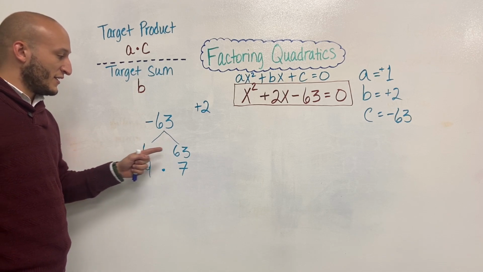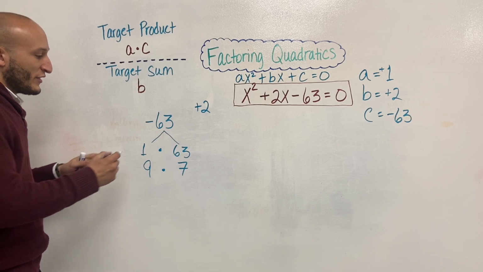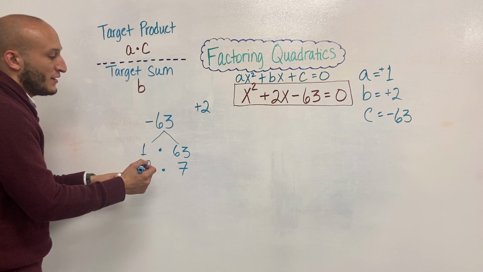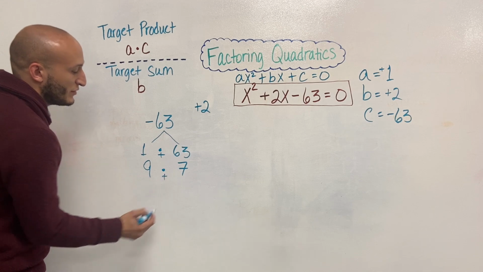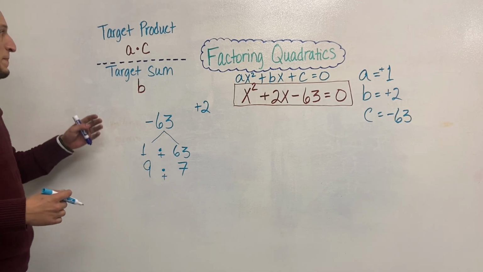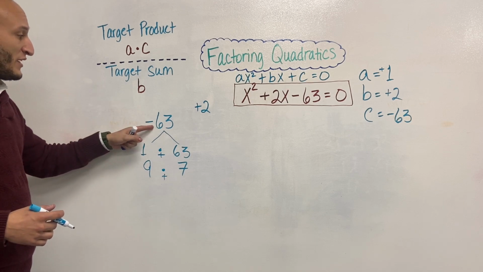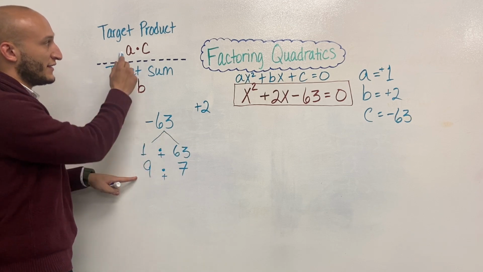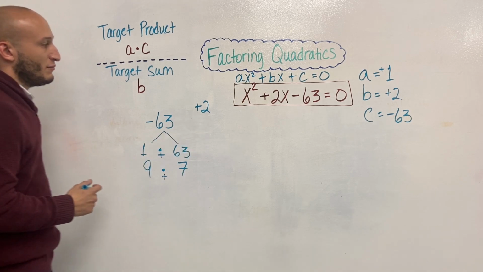So what multiplies to give me negative 63, but also, if I add these numbers, gives me my target sum? That's where this vocabulary comes from. I have to find factors that multiply to give me my target product, which is A times C, and they also have to add up to give me my target sum.